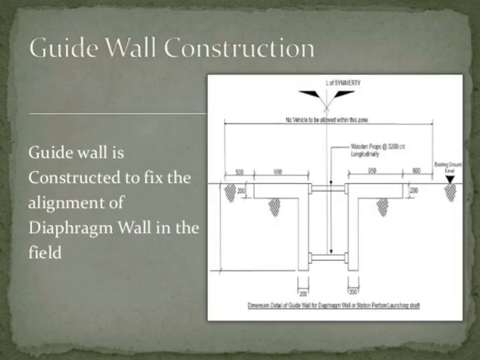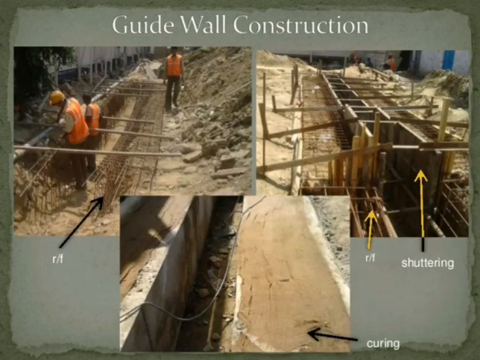Guide wall is constructed to fix the alignment of the diaphragm wall in the field. This is the real life image of guide wall construction. You can see in the images shuttering, curing, etc.